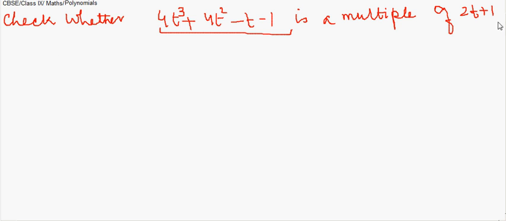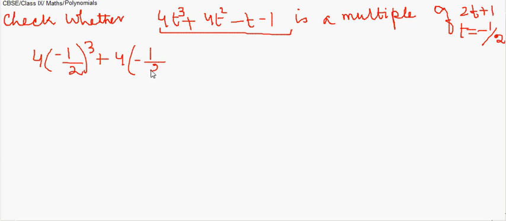So applying the remainder theorem, I'll take t as minus 1 by 2. Here I should get a 0. If I get a 0 as the remainder, that means 2t plus 1 is a factor. Otherwise, no. I am just quickly writing it down.